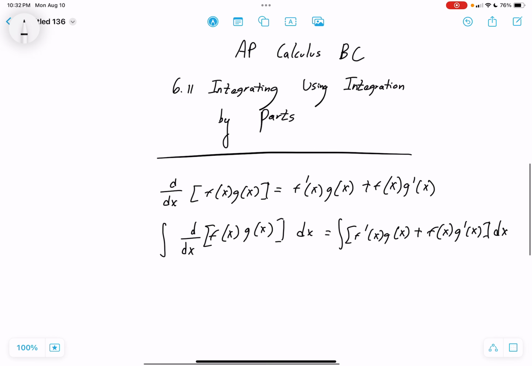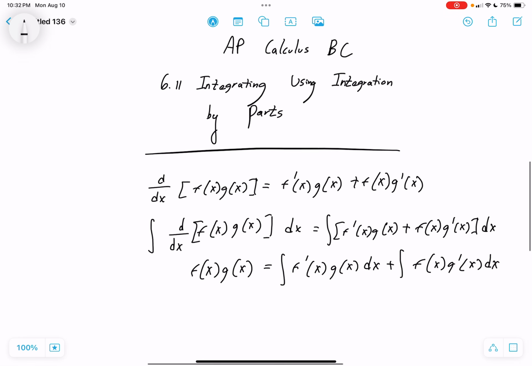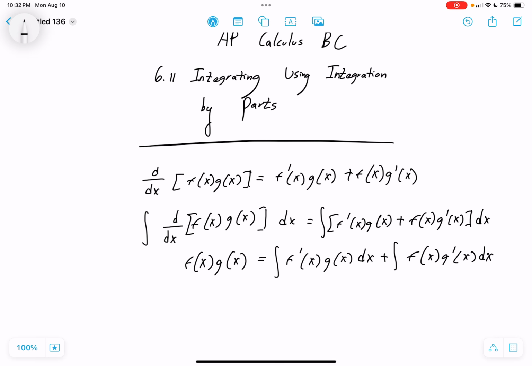And by the fundamental theorem of calculus, the integral of a derivative is simply the function. So now I get f of x times g of x is equal to the integral of f prime of x g of x dx plus the integral of f of x g prime of x dx. And this is where you can see this starting to form.